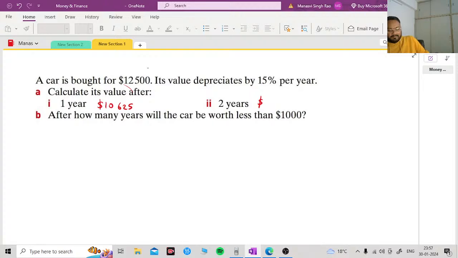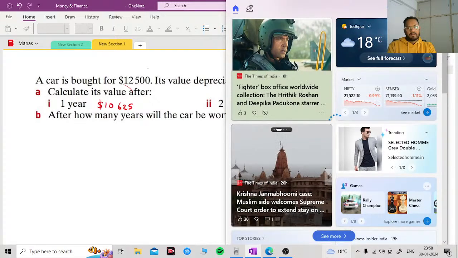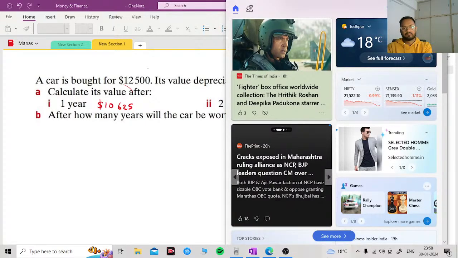What is the answer for the second year? Quick, quick, quick. Nobody has answered till now. For the second year, it is wrong. Shaurya, give it another try. See, should I help or are you doing it? Nobody has answered.